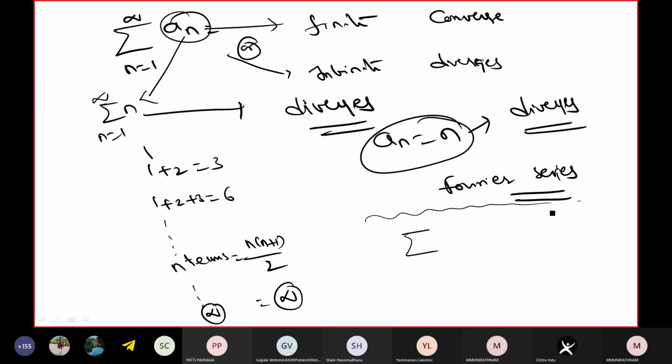So what we are going to study will be nothing but this series. If that series is converged, then that means you are able to find the sum. If it diverges, that means we are unable to find this sum, okay na.